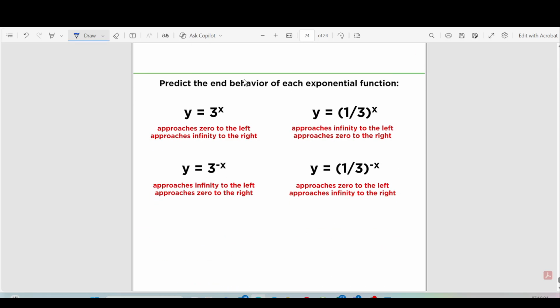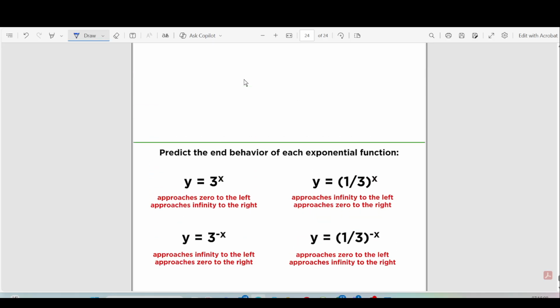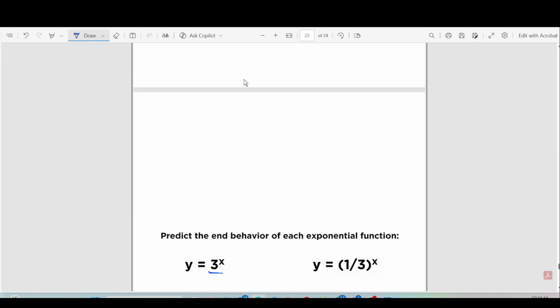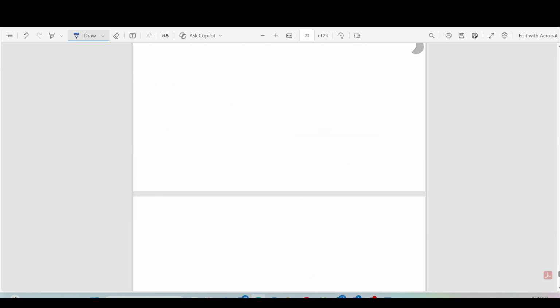It will approach 0 to the left. And if there is negative x, then it will be a reflection across the y-axis, right? Let's solve a question and see.